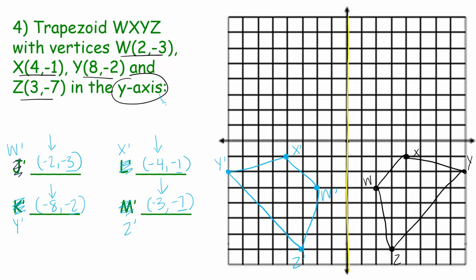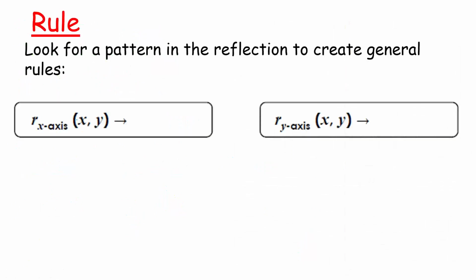When we flip across or reflect across the y-axis, all of the x values become opposites, right? So that leads us to our rule, which says if we reflect across the x-axis, that's what that R means, then the point x, y will become, we said if we reflect across the x-axis, then the y value changes.